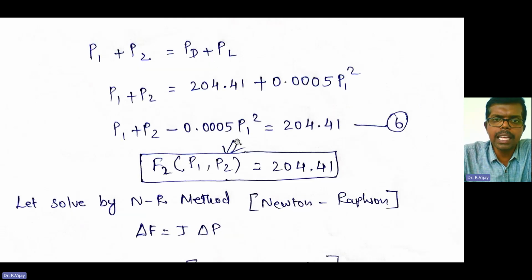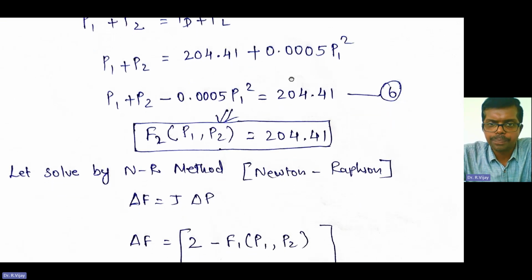Similarly, here P1 plus P2 is equal to PD plus PL. That is the power balance equation: power generation is equal to demand plus losses. The demand is given in the problem as 204.41 megawatt. PL is also given, we calculated that: 0.0005 P1 square.